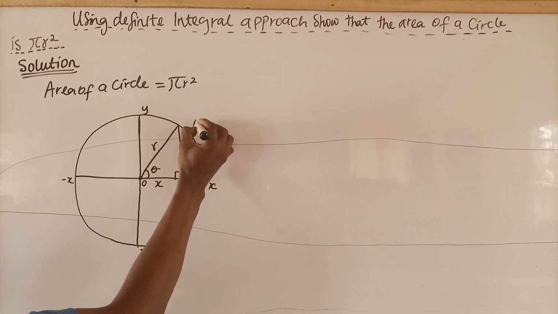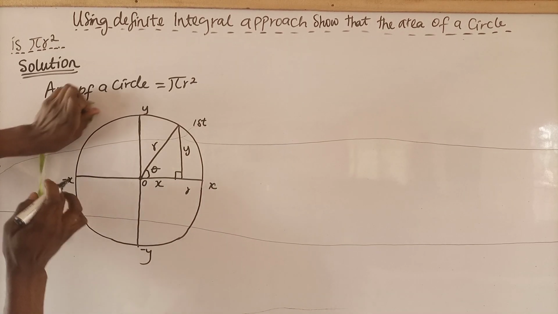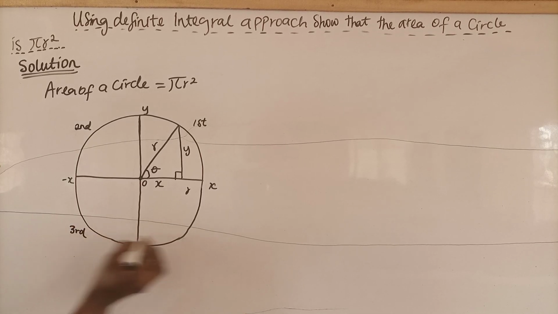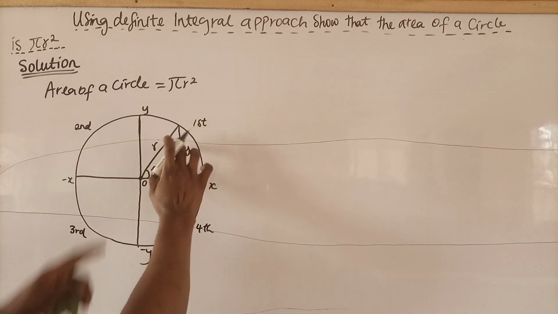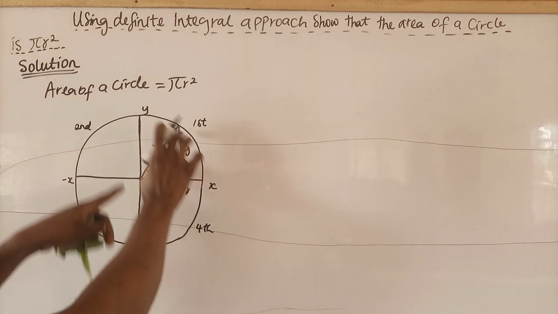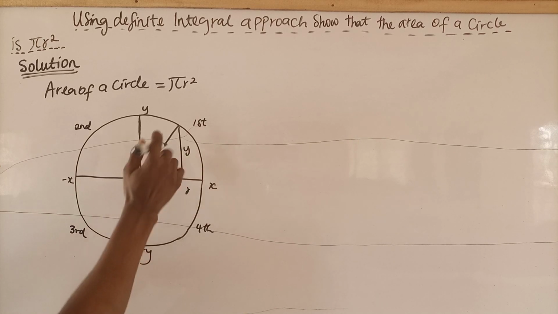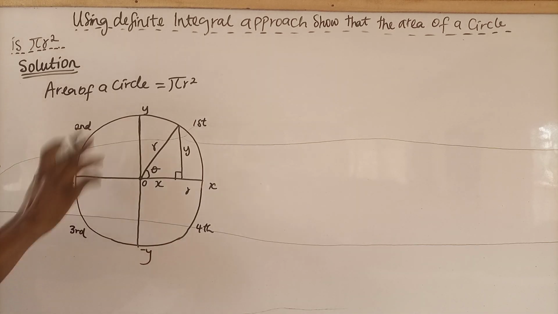Remember, this is the first quadrant, second quadrant, third quadrant, and fourth quadrant. So for the area of this whole circle, I can just find the area of this first sector and multiply it by 4, and I will find the area of the whole circle.